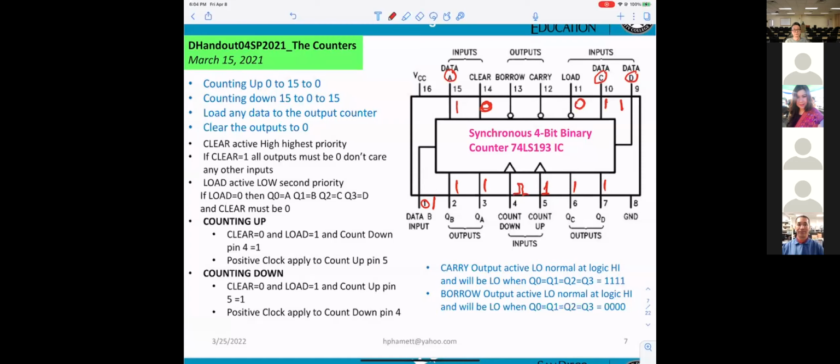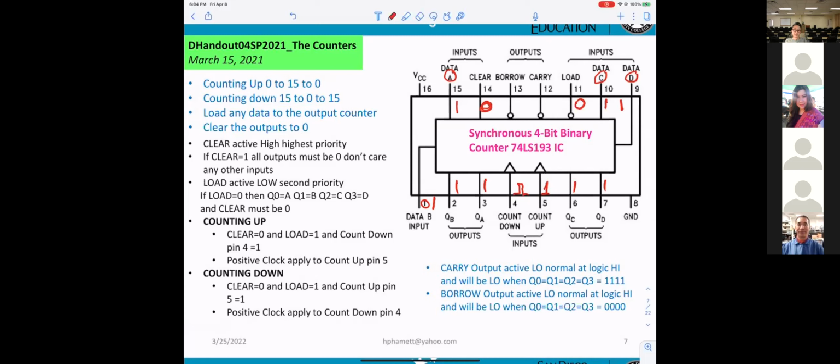As long as 4 is 1, 5 has to be 0, and vice versa: 5 has to be 1 and 4 is 0. What are you talking about? Which one? Well, I'm just clarifying: if 4 is 1, 5 has to be 0, correct? And if 5 is 1, 4 has to be 0. Okay, you're talking about up and down, based on your counting up and counting down.